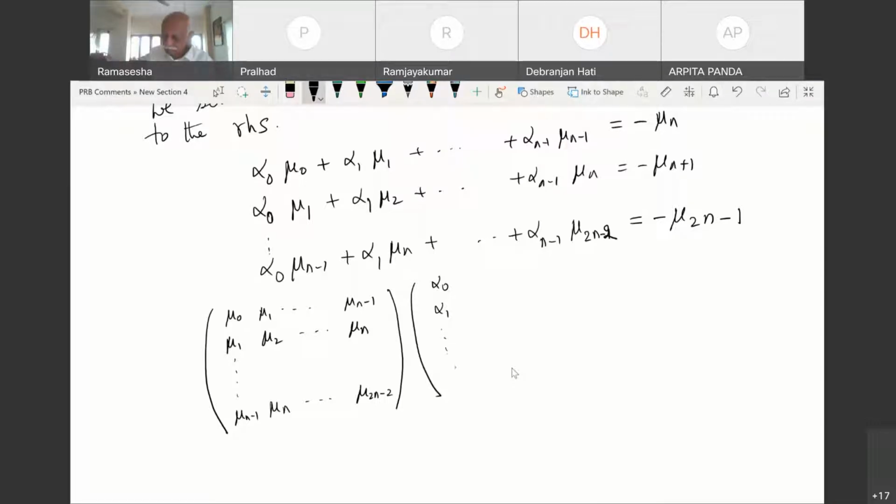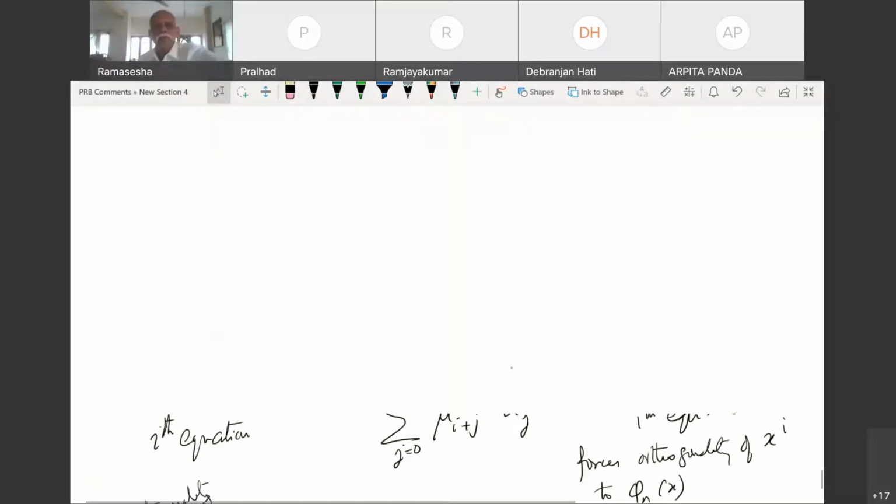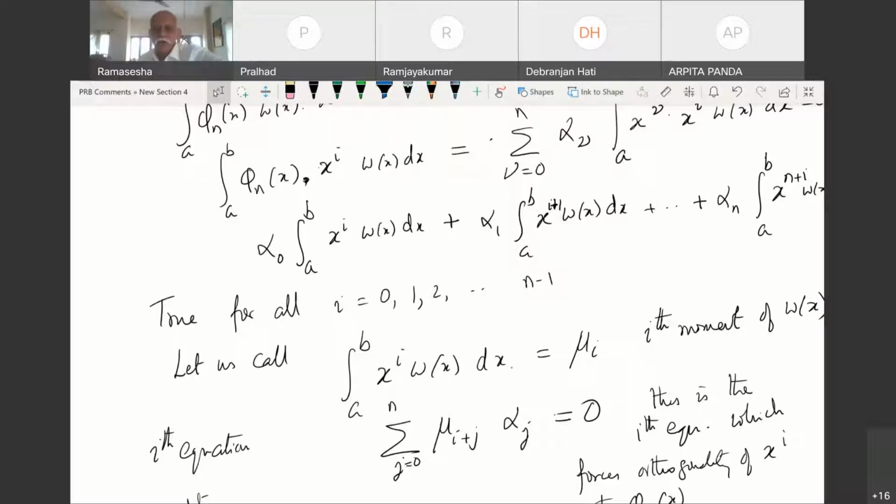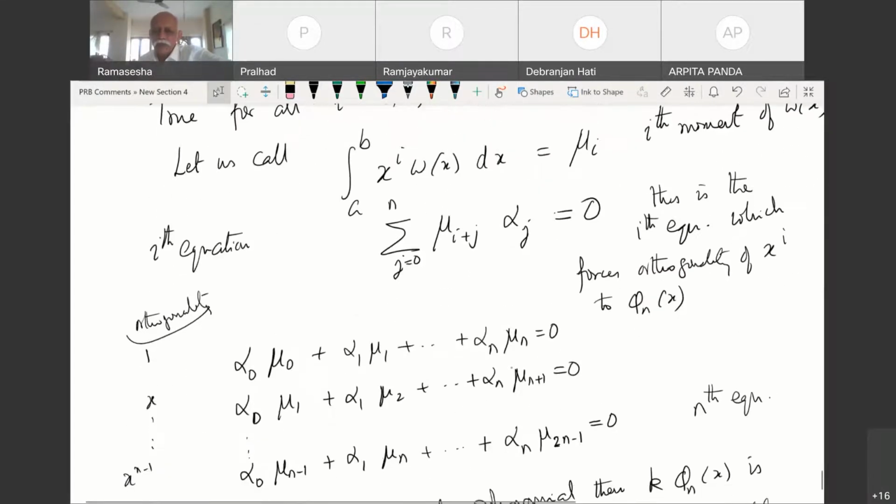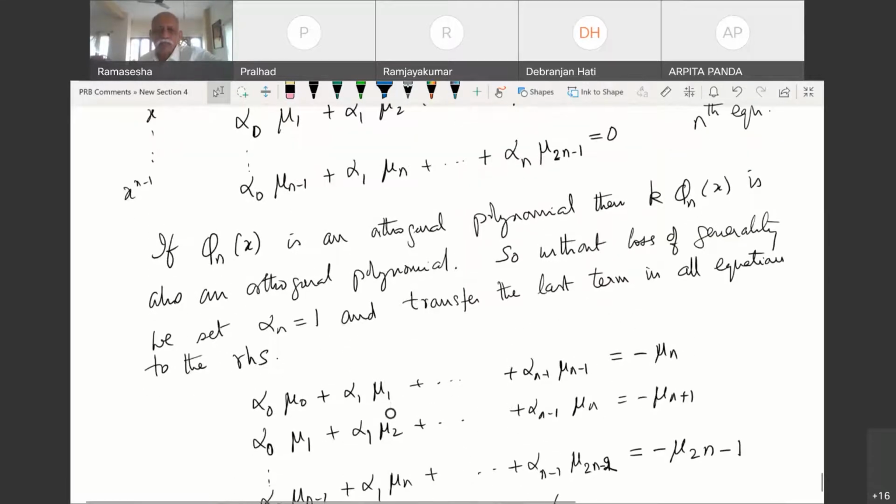Okay, I showed you here that if phi n of x is an orthogonal polynomial, then k times phi n of x is also an orthogonal polynomial, so alpha n can be taken to be equal to 1.